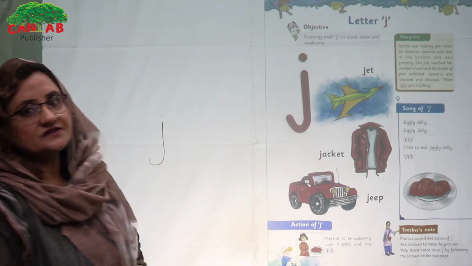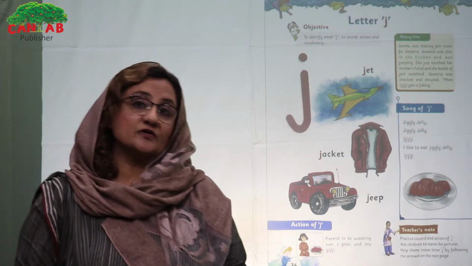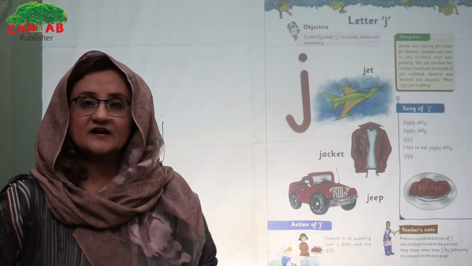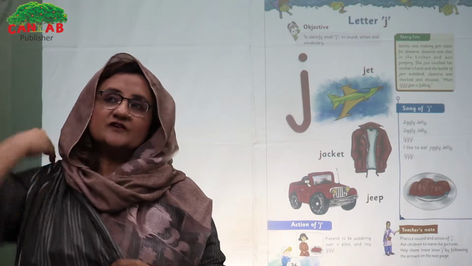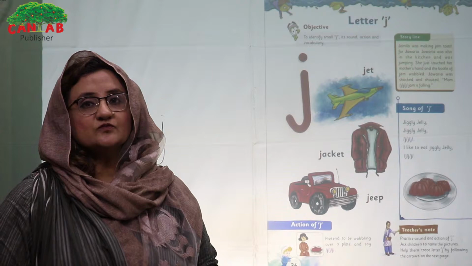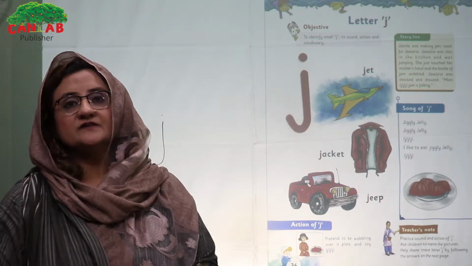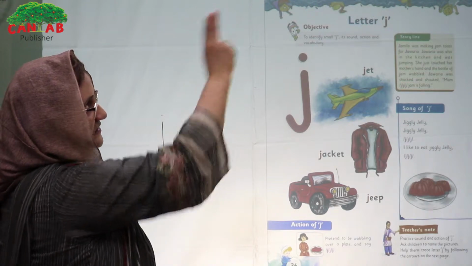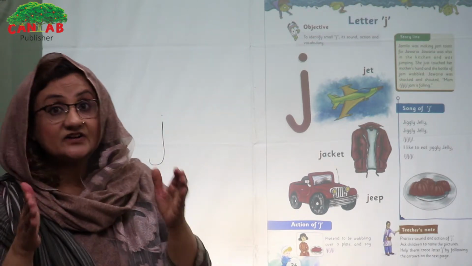After doing this recognition and focusing on reading practice, you have to invite the student for doing different kinds of activities. For the first group, you can arrange a sand tray and ask them to use these two fingers to trace letter J, firstly in the air and then in the sand tray.